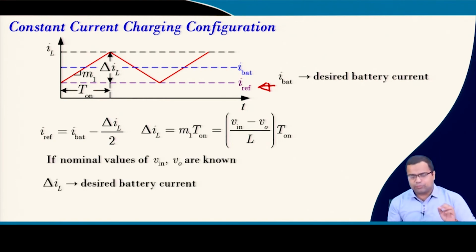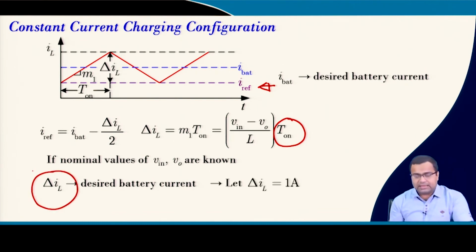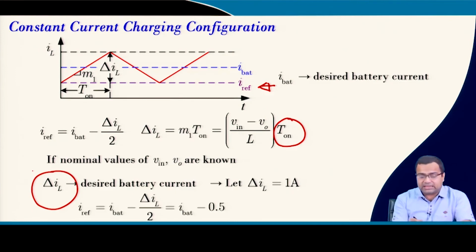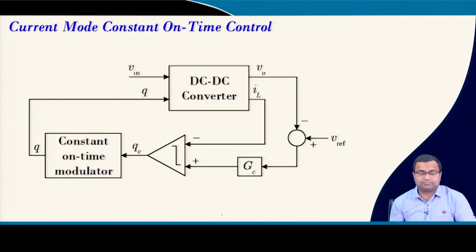For a given input and output voltage, if we can identify the right value of ripple current, or accordingly adjust the on time to get a desired current ripple, then we can control the reference current of the battery charger by setting a suitable delta IL by selecting the on time correctly, and we can track this. This is possible.